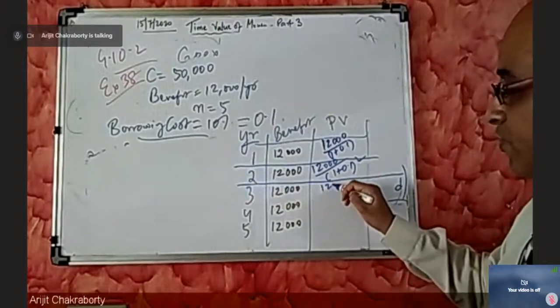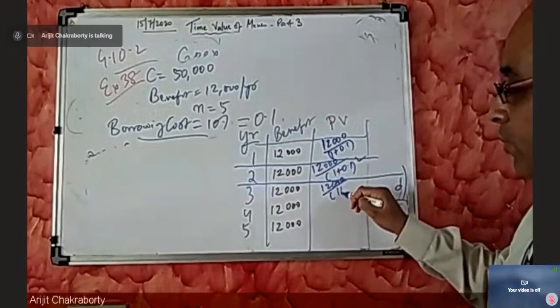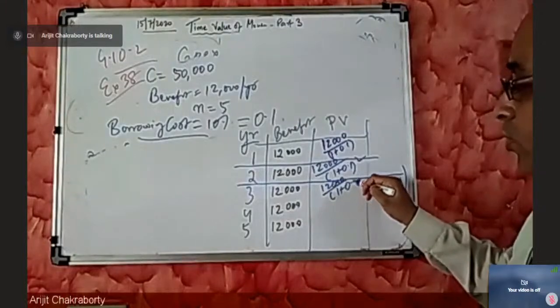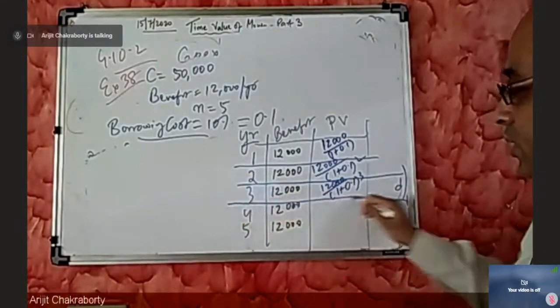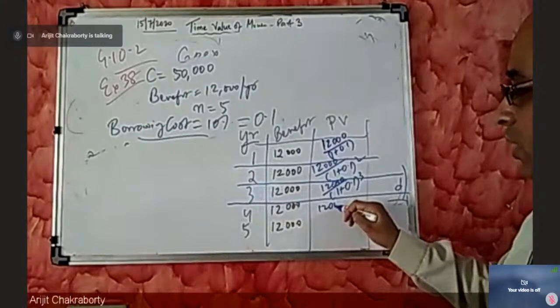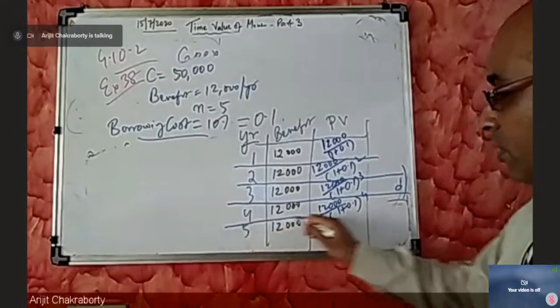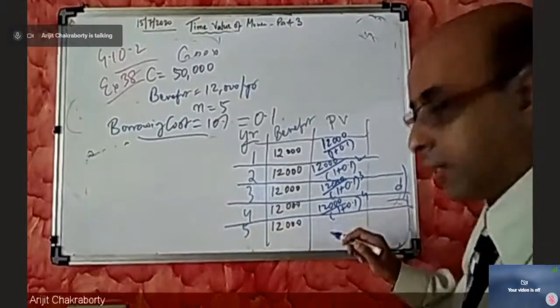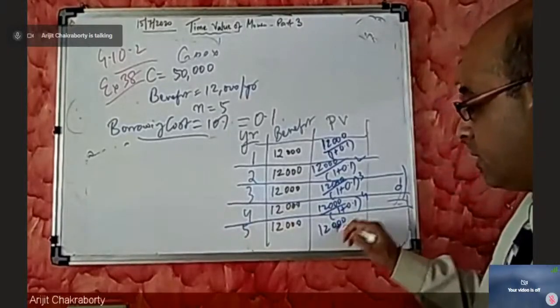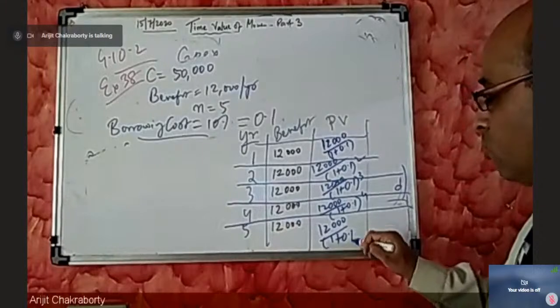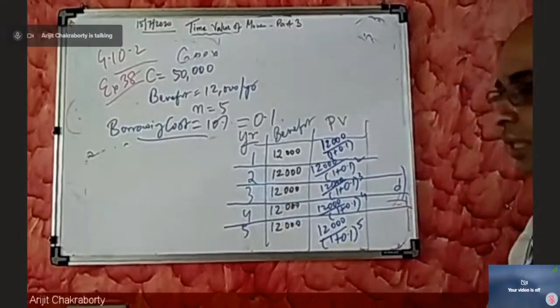Third year, it is 12,000 divided by 1 plus 0.1 to the power 3. Fourth year, 12,000 divided by 1 plus 0.1 to the power 4. And the fifth year, last year, 12,000 divided by 1 plus 0.1 to the power 5.